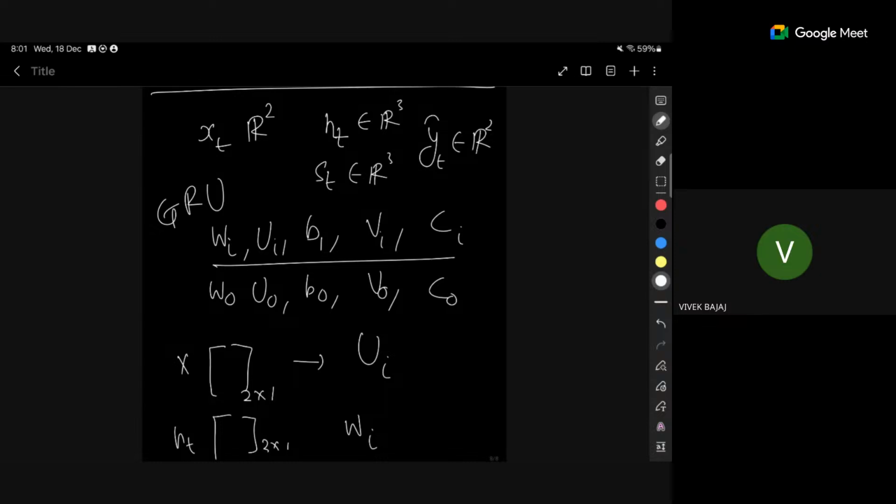On top you've written XT is 2, HT is R3, ST is also R3. So it should be 2 into 3, and W should be 3 into 3. Or 3 into 2, and W should be 3 into 3. U should be 3 into 2, right? Yes, correct.